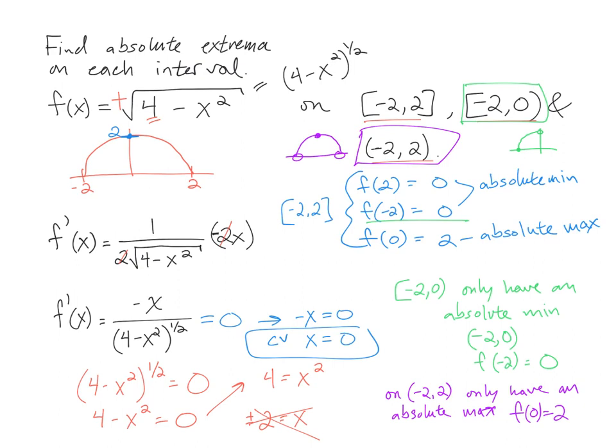One interval could be 0 to 2. Another interval could be 1 to 1.5. And there are lots of intervals that would work as long as you do not include the 0 point.